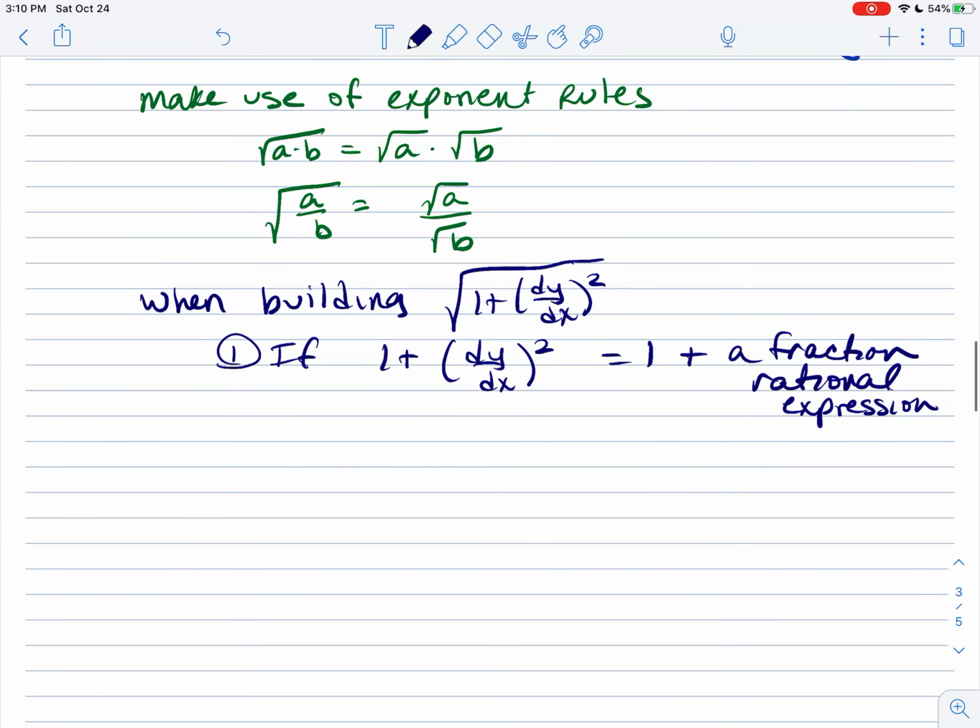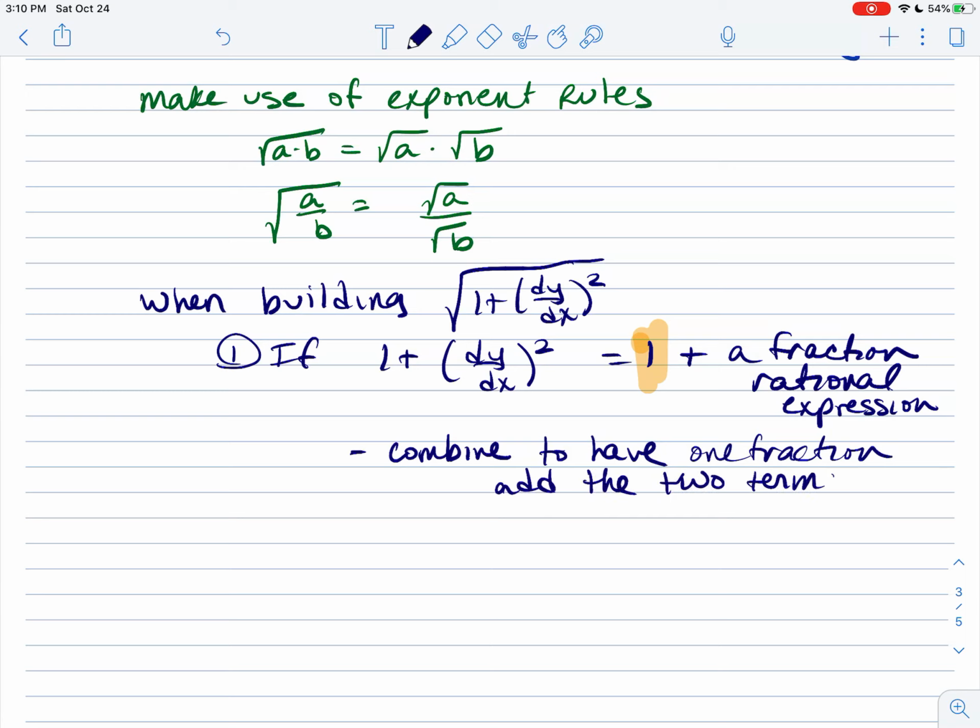But if you've got a fraction there with a numerator and a denominator, then you would want to combine, or to have one fraction. In other words, you'd want to take your 1 and have the same denominator as the fraction's denominator, and then combine the numerators, so do your fraction addition, right?